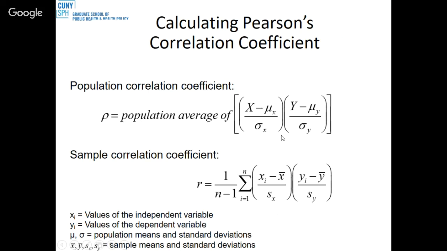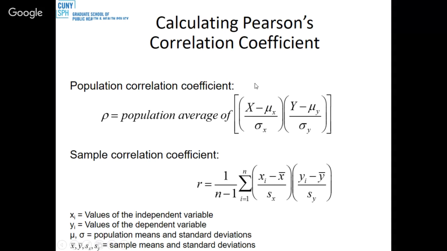The calculation looks pretty similar to the way that we've calculated standard deviation. In the population, it is simply a ratio of, these are the differences of our x values minus the mean of x over the standard deviation of x.